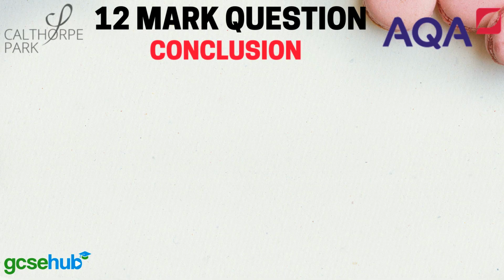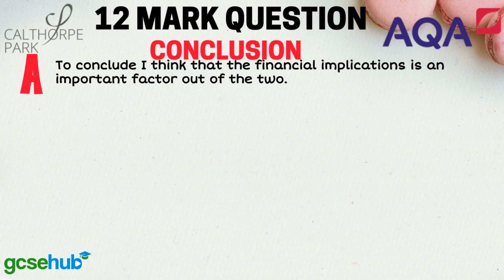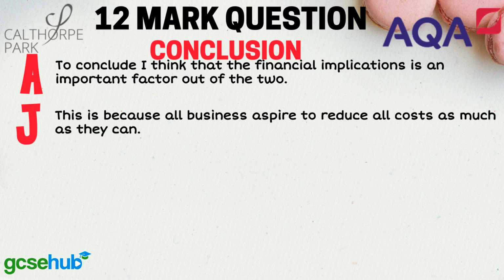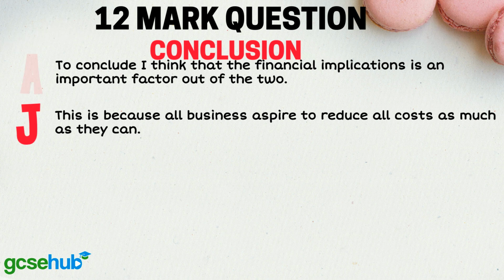So, on to the conclusion, using the acronym AGIM. So the candidate said, for the answer to the question, to conclude, I think the financial implications is the more important factor out of the two for Apple. Justifying it, giving evidence. Why? Because all businesses aspire to reduce the cost as much as they can.